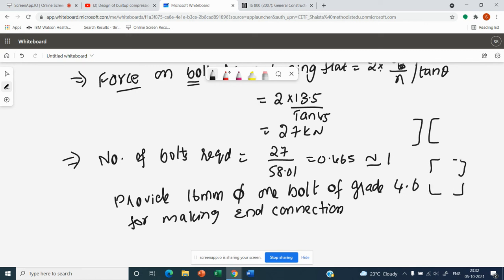Okay, 4 angle sections. So whatever you take, you have to use the connectivity. You have to connect them. Then only it will become a single section. Otherwise, 4 different points. So this connectivity is the lacing system. How to design it, we have seen in this video. So you have to follow all the 12 steps. Then you will end up the design of lacing system.